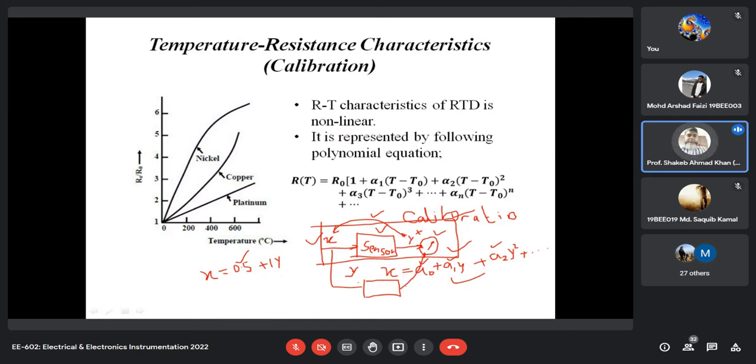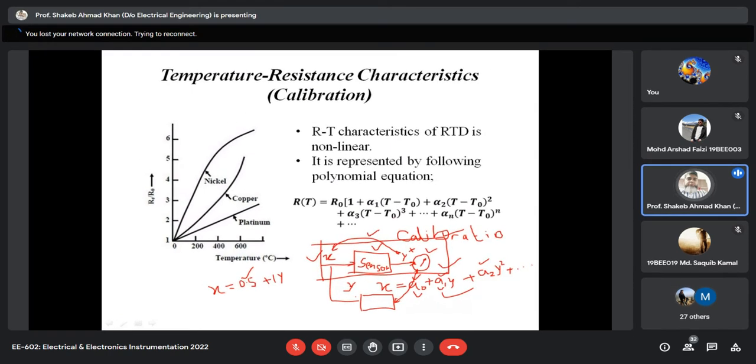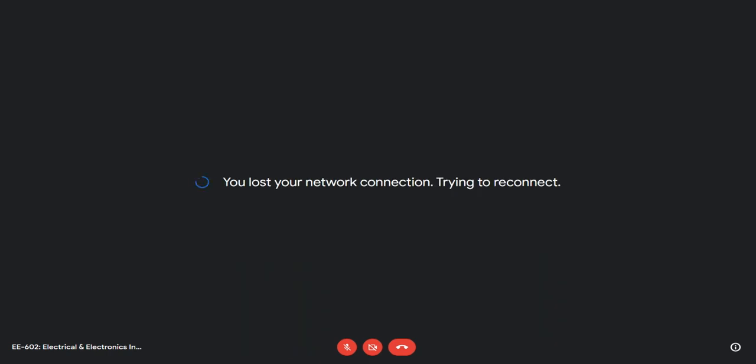If there is a difference between these two, then we will say that these coefficient means characteristic drift हो गया है, there is a characteristic drift, okay, and your instrument requires recalibration, ये coefficient फिर से calculate किए जाएंगे, है ना? That kind of thing. Anyway, you just remember what is the calibration.